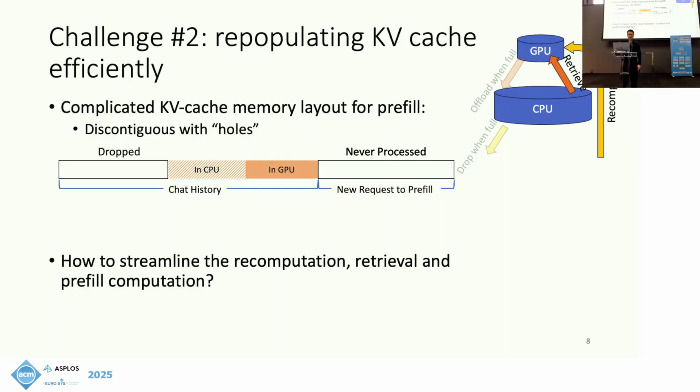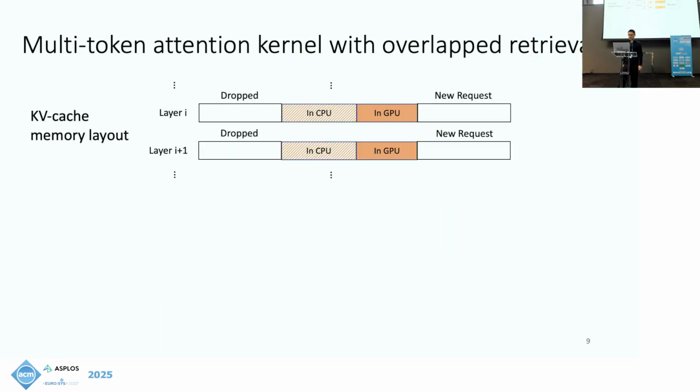So to complete this prefill phase, what we need to do is three steps: recomputing the dropped tokens, retrieving the CPU tokens, then prefill for the new request tokens. If we separately compute the three steps, we are not able to saturate the GPU's compute or memory resources. So we need a more efficient way to streamline these three steps.